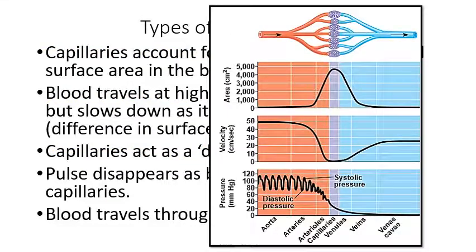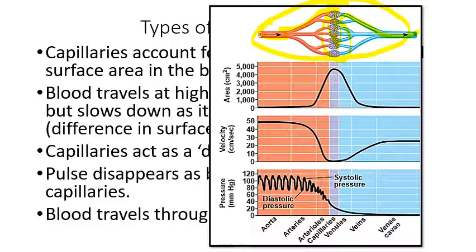This diagram illustrates several things. This little illustration up here at the top is not drawn to scale, but what it's showing you is that blood flows through arteries into arterioles and then into capillaries in the middle here and then out to venules and veins. These capillaries are not to scale.